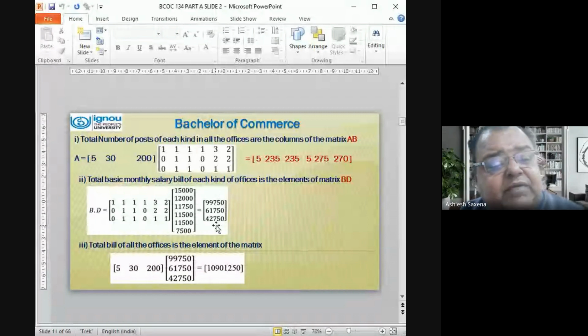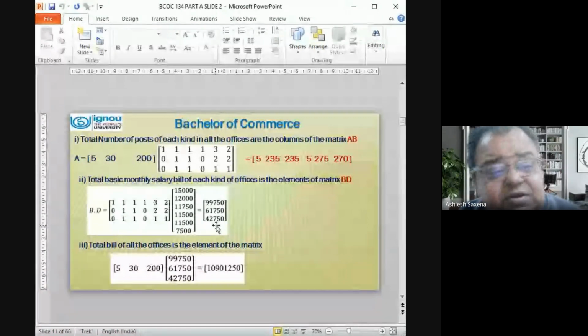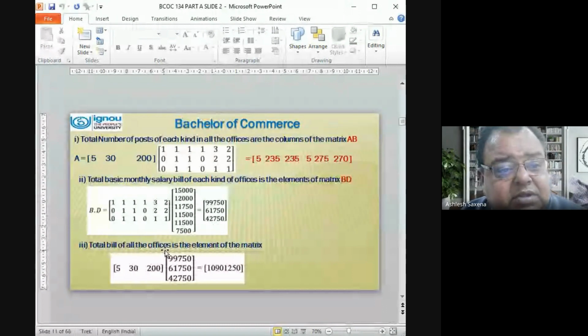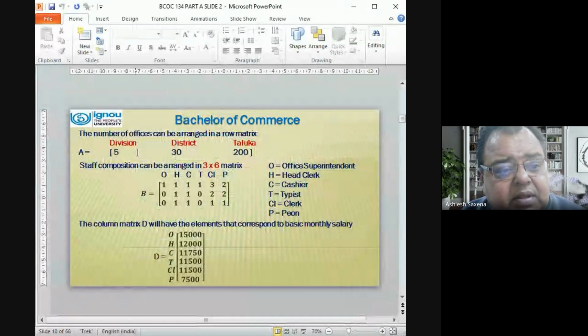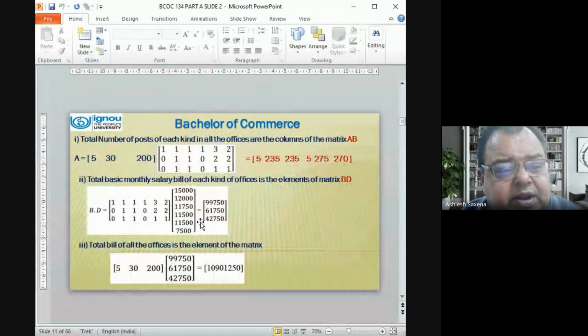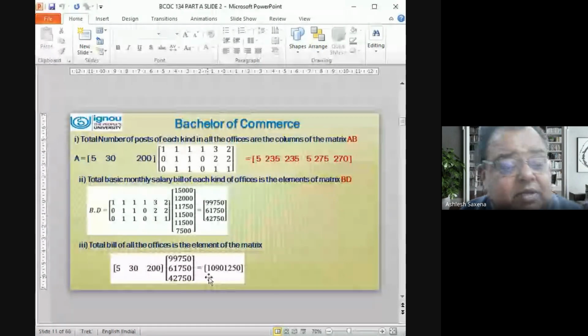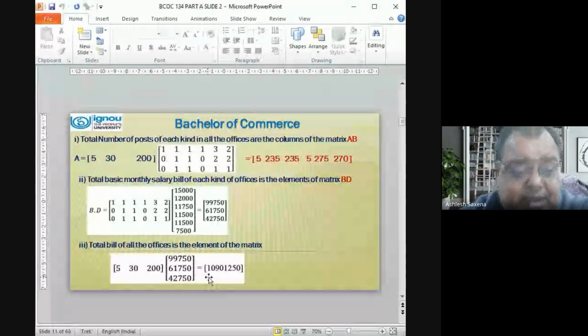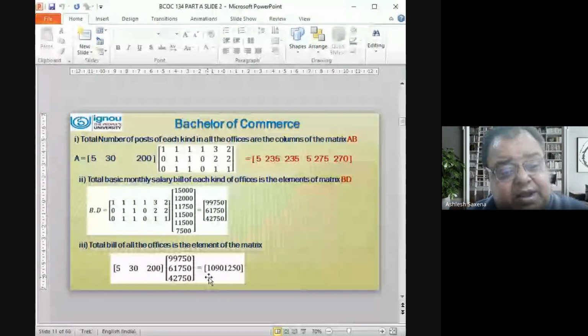And the last one was to find the total bill of all the offices, which is the element of the matrix. What was the initial combination of the offices? This was it, and the product of the matrix. So this will be the amount. A single amount will be there. Now see how the matrix multiplication has been converted into a normal applicable problem.